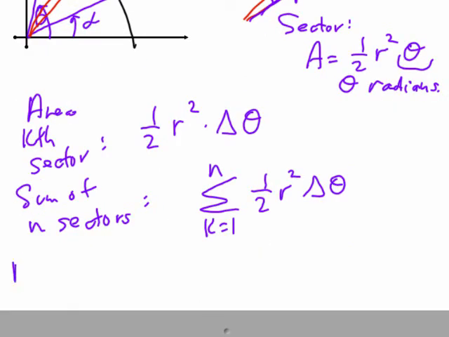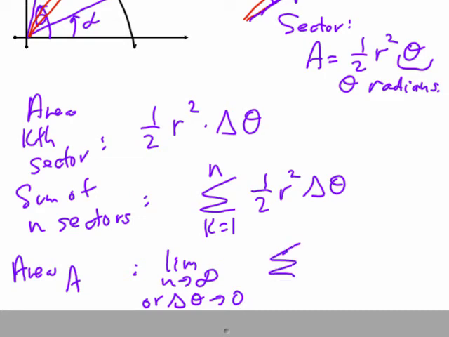We can then find the actual area of the region between angle alpha and angle beta by taking the limit as the number of sectors approaches infinity, which is equivalent to the change in the angle approaching 0, of our sum of n sectors.